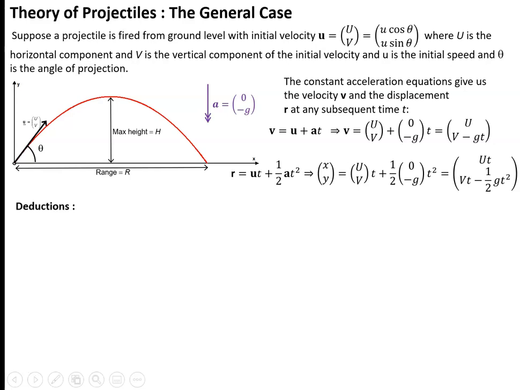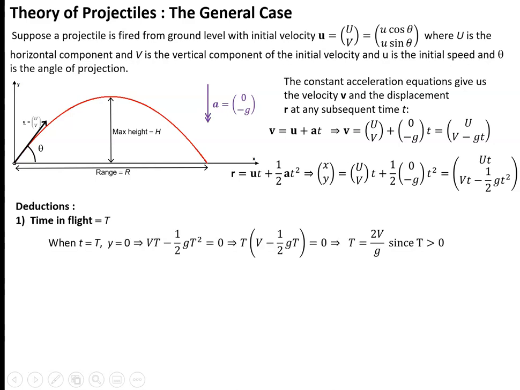From the equations that we've got here for v and for r, we can make several deductions. The first one is for the time in flight, which we're going to call capital T. Now at time T, the projectile is about to hit the ground, so the value of y must be equal to 0 when little t is equal to capital T. And if y is equal to 0, that is telling me that V times capital T minus a half gT squared must equal 0.